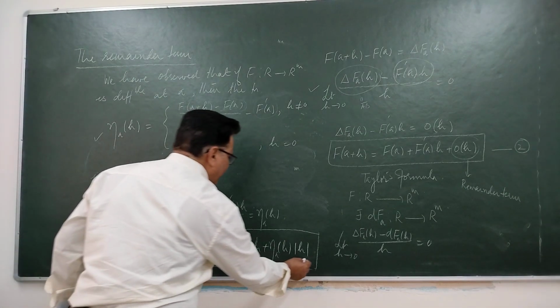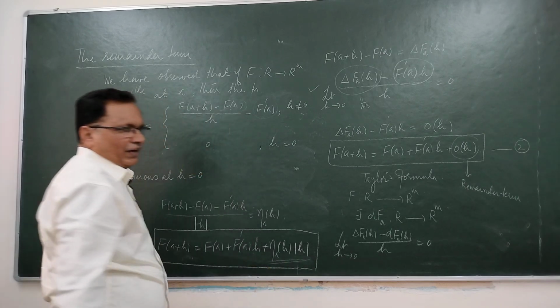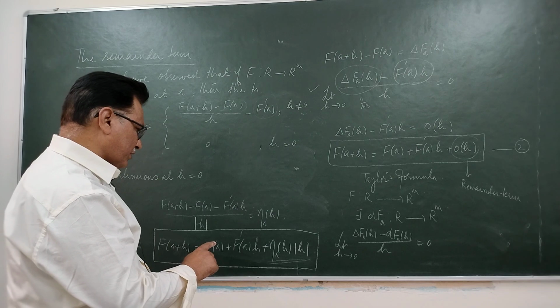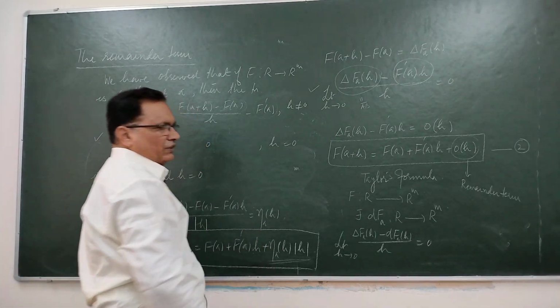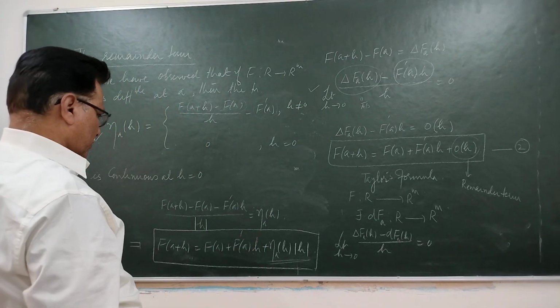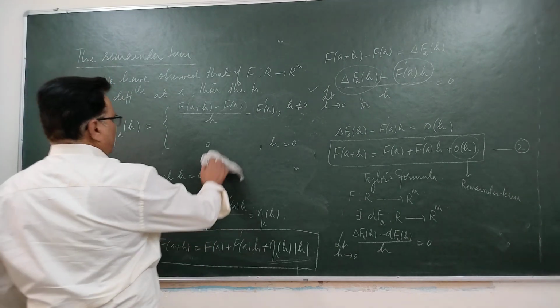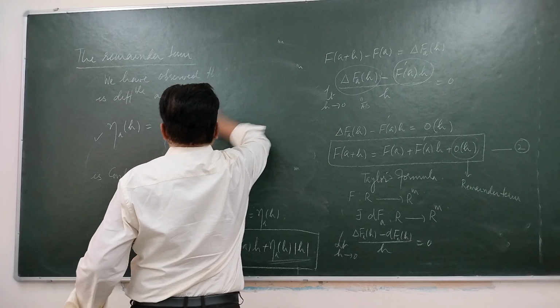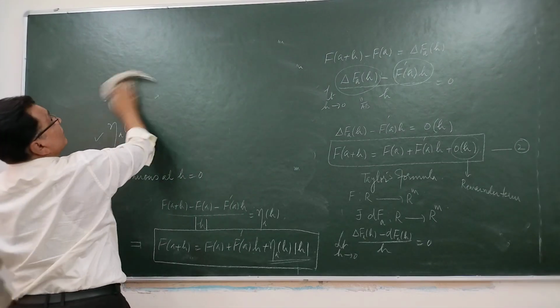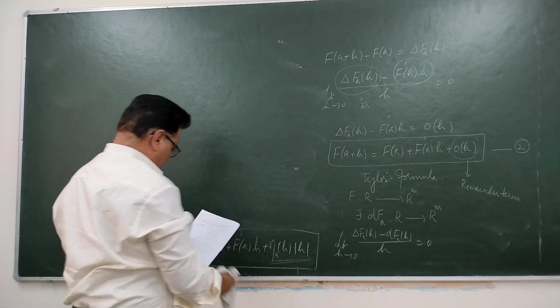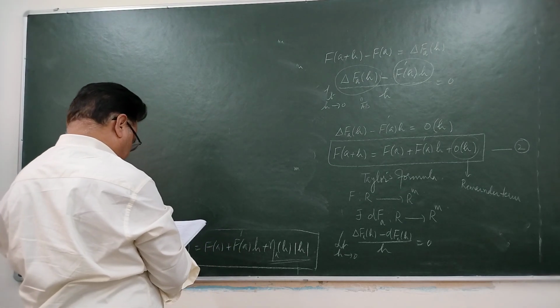Now this is in fact the remainder term. And this remainder term is 0 at the point 0 and it is a continuous function on R. So this is what the Taylor formula is. Now this I will take as the definition of the differentiable function in the most general case.